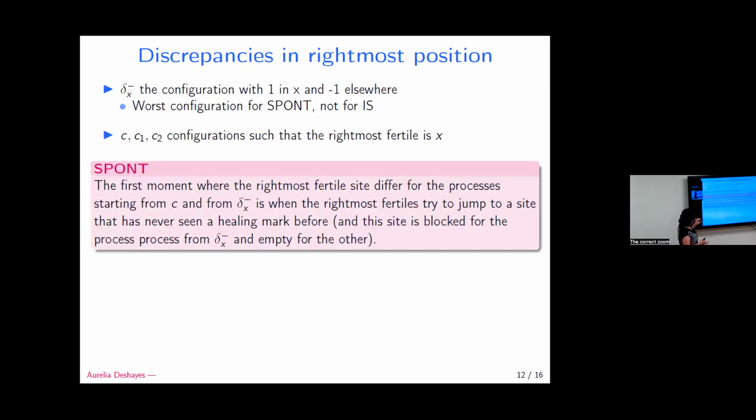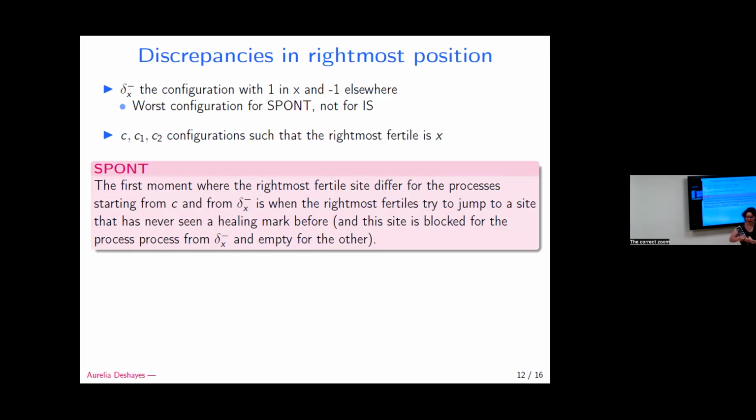But the idea is, in fact, this long sentence: the first moment where the rightmost between, for example, a configuration starting from a configuration C and starting from the worst configuration, which will be 1 and -1 everywhere.